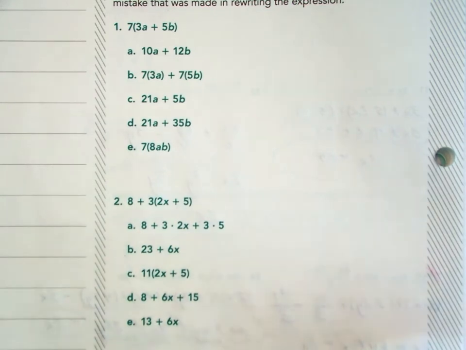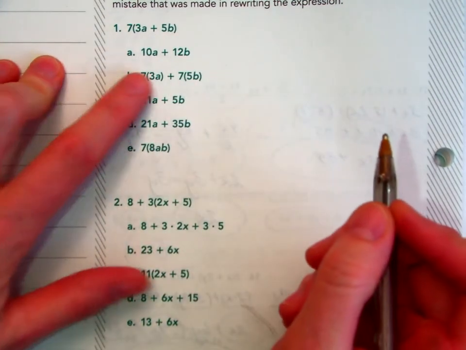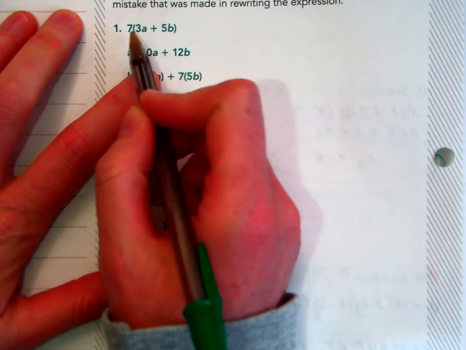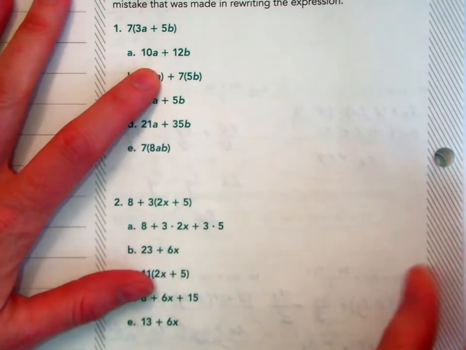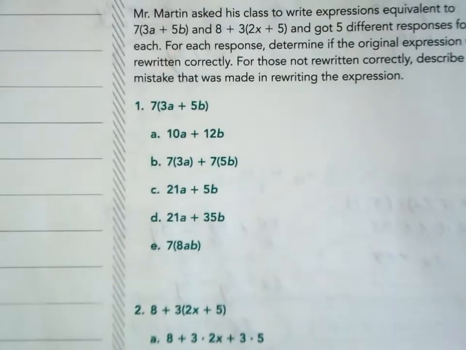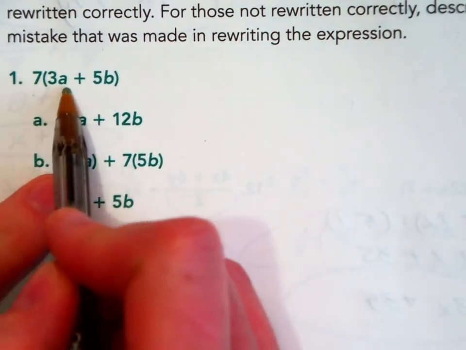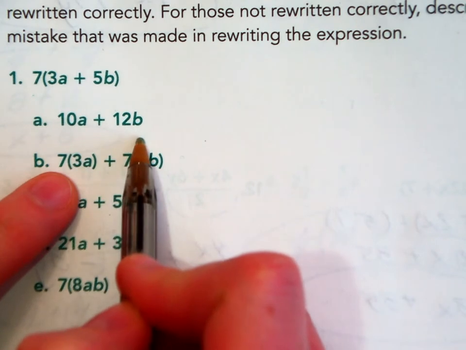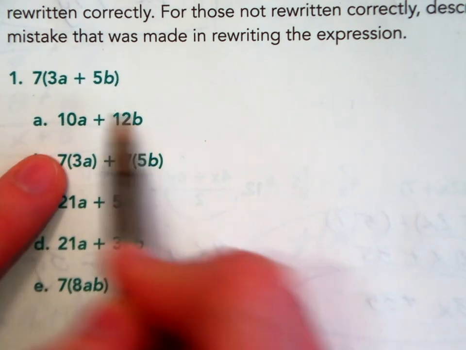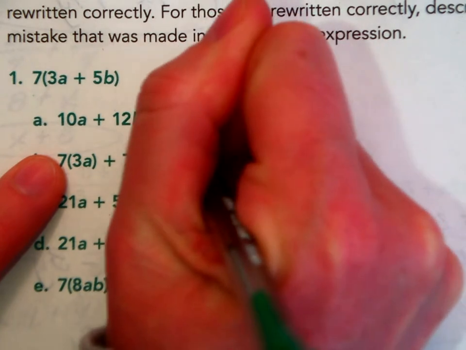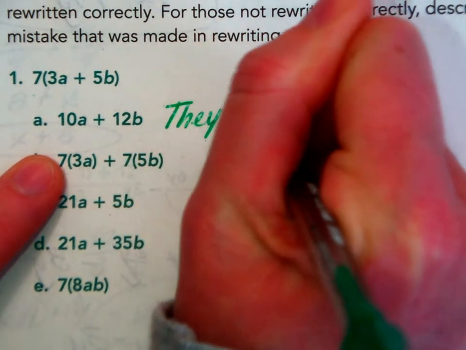number 1, where we have 7 times the sum of 3a and 5b. Well, this would normally be distributed. So as I look at this, my thoughts are they added. It doesn't work that way. They added 7 to each term instead of multiplying.